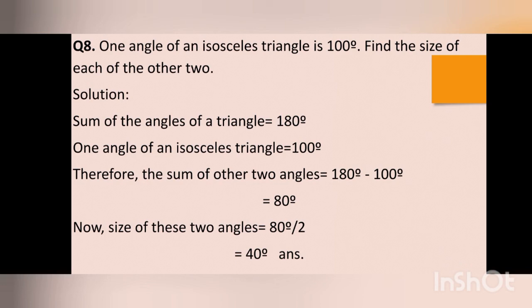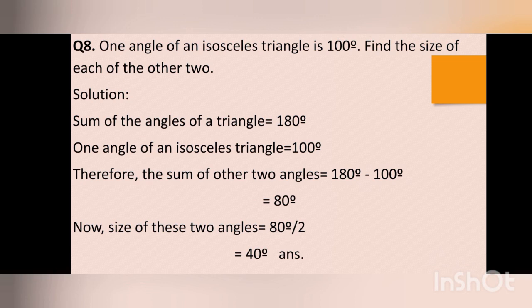Now the solution: the sum of the angles of a triangle, we all know, is 180 degrees. One angle of an isosceles triangle is given, which is 100 degrees. Therefore the sum of the other two angles equals, first subtract this 100, the size of the first angle, from the sum of the angles of a triangle, which is 180 degrees.